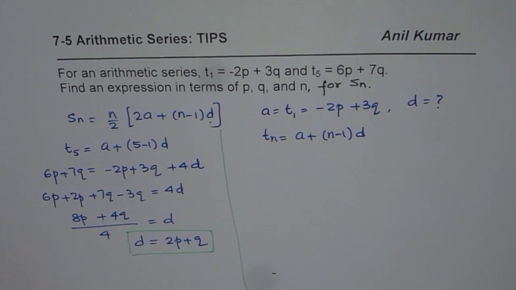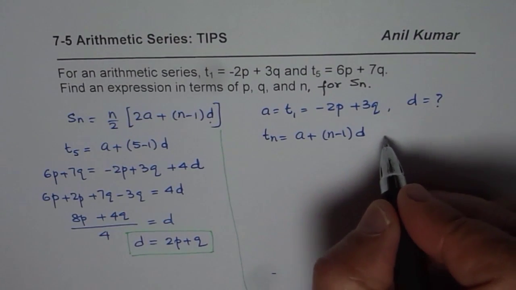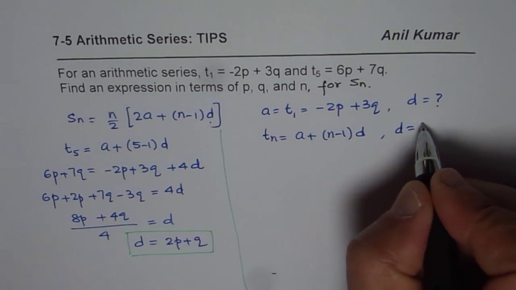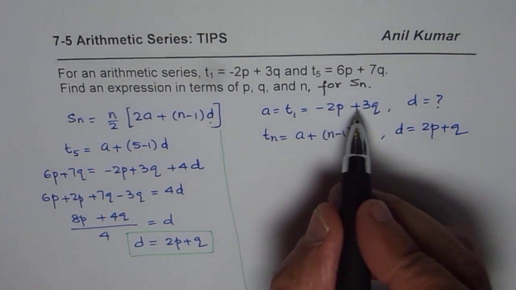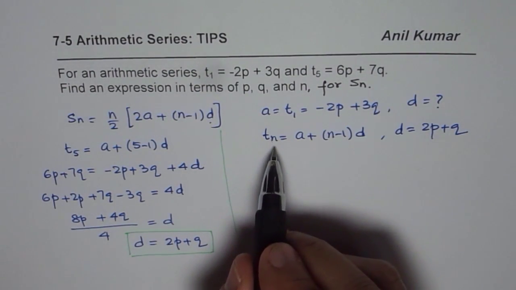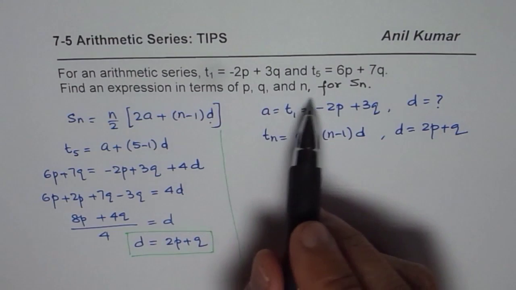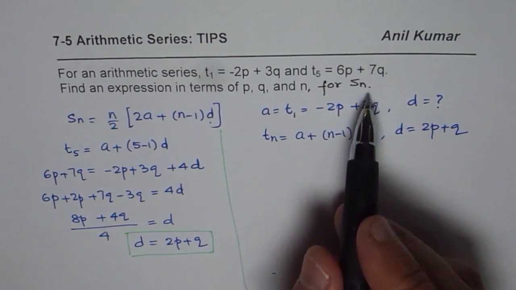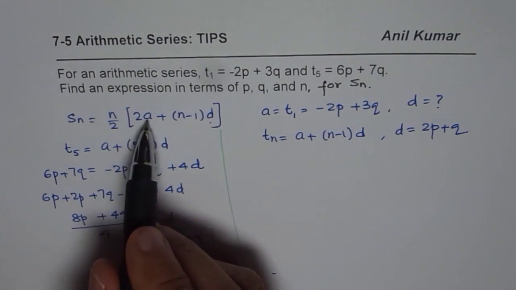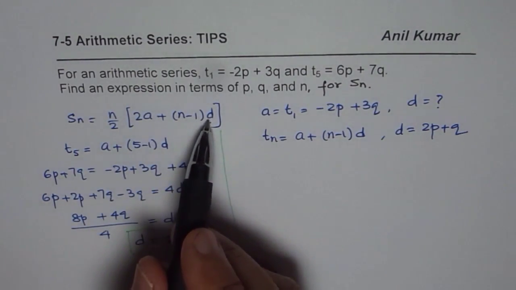Now we know what d is. In this formula we know d equals 2p plus q, and a is already known to us. So we can now find an expression for the general term of Sn. Sn is n over 2 times 2a plus n minus 1 times d.